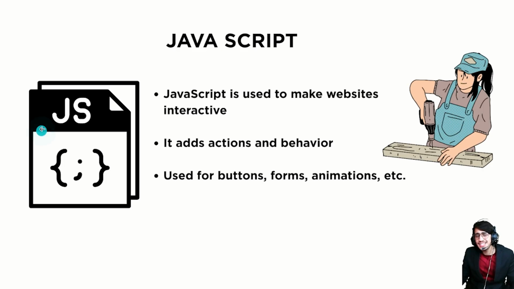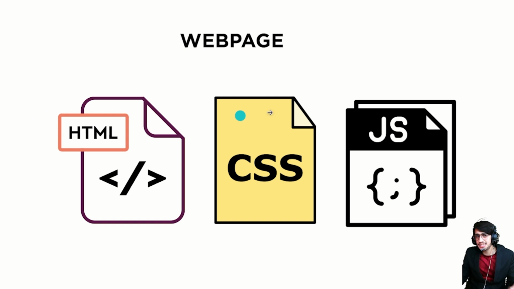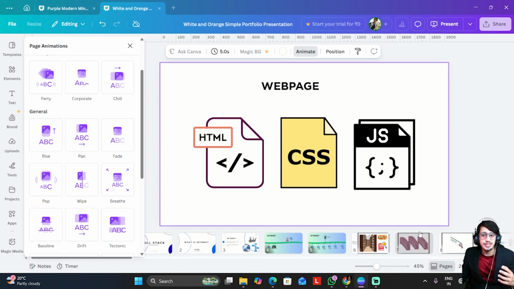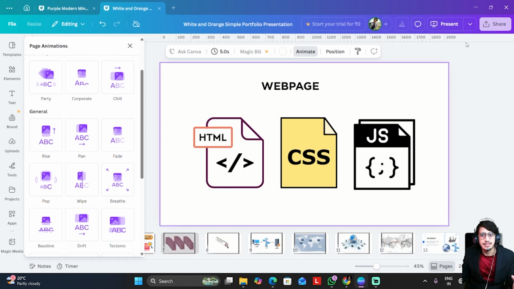So this was all about HTML, CSS, and JavaScript. Now you will have an image that HTML is a structure, CSS is a painter, JS is a mechanic, and all together make a web page, and multiple web pages together make a website.